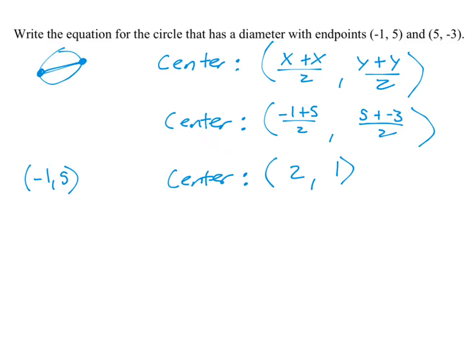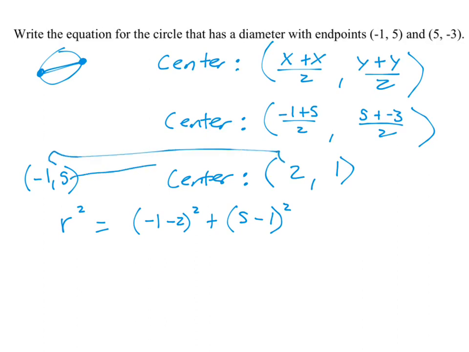This is the Pythagorean theorem or distance formula. So our radius squared is going to be (negative 1 minus 2) squared plus (5 minus 1) squared. That's just subtracting the x's and subtracting the y's.